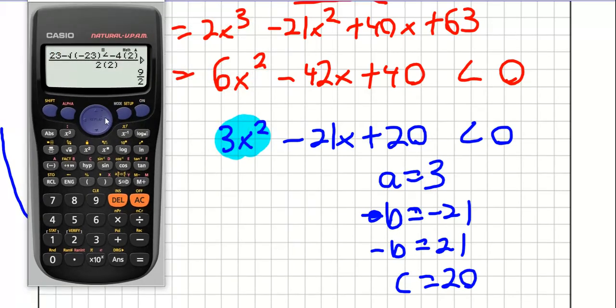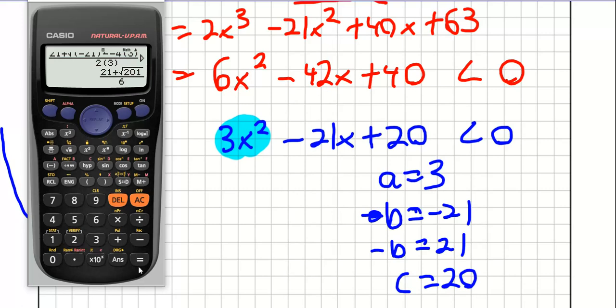I'm going to put that into the calculator, like so. I'll just reuse what I have here already. So minus b is 21. I'm going to use the plus answer here. Then b is minus 21, minus 4ac. a is 3 this time, c is 20. I'm going to have my marking scheme open beside me just to make sure that what I do is correct.